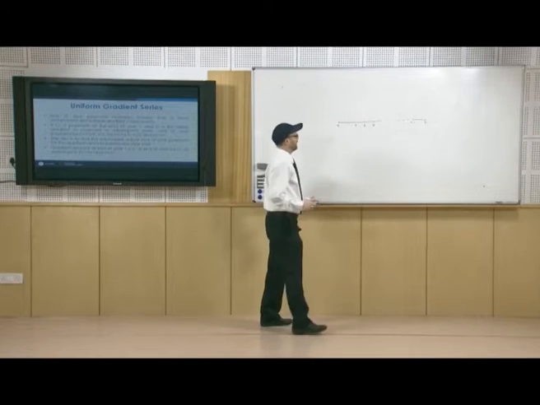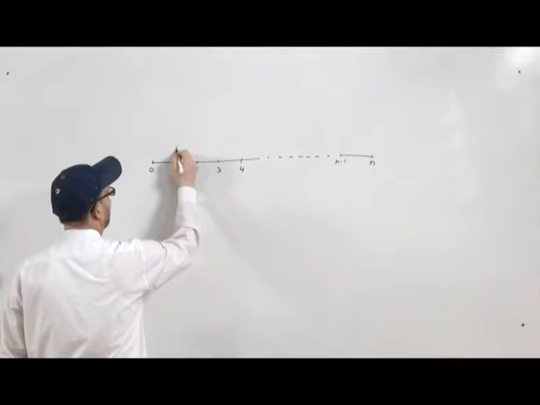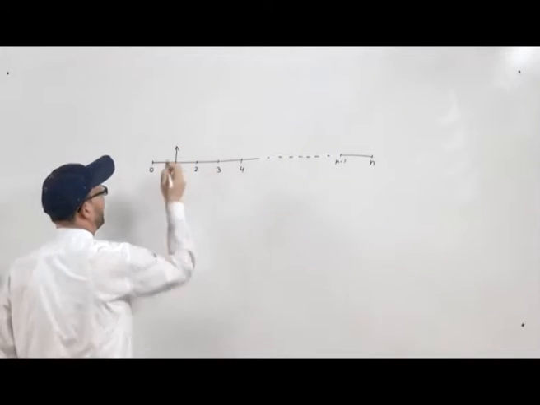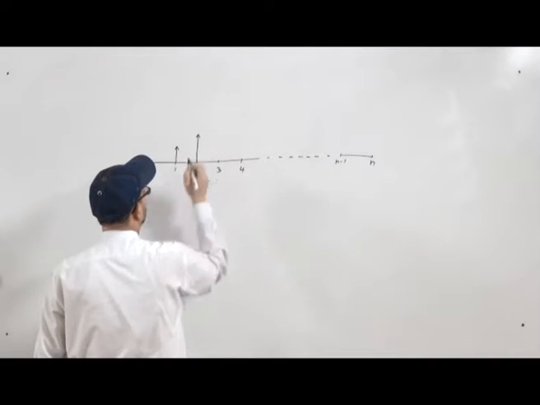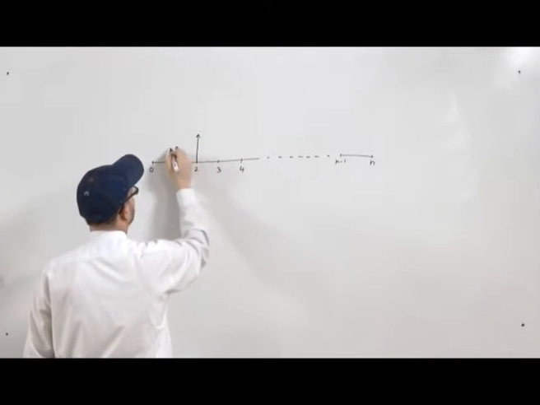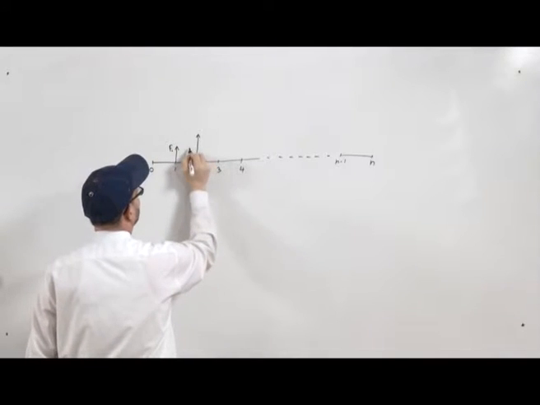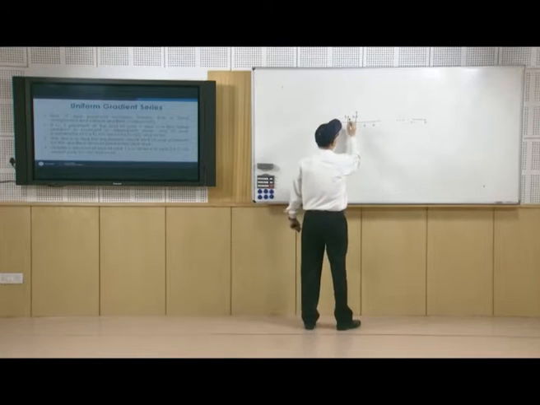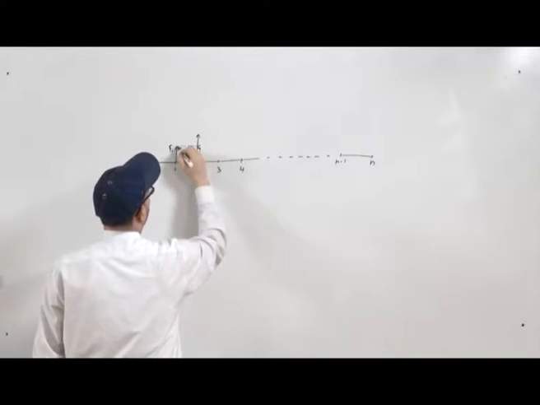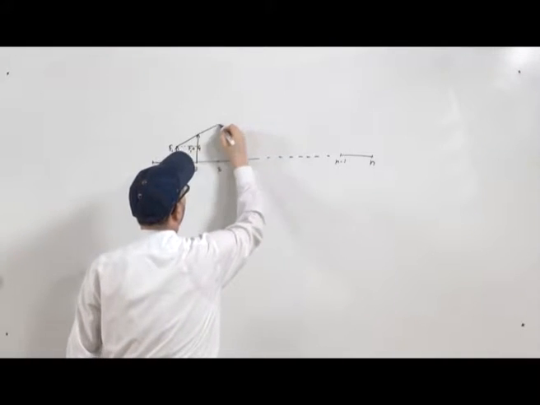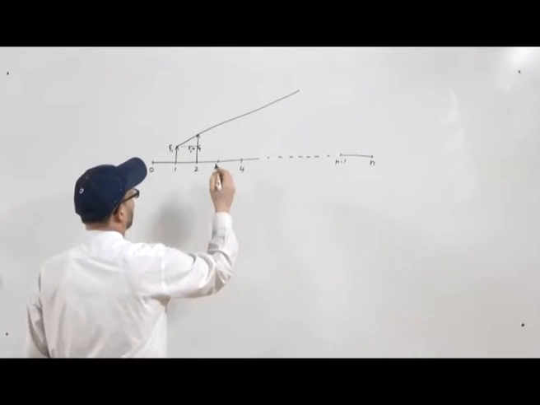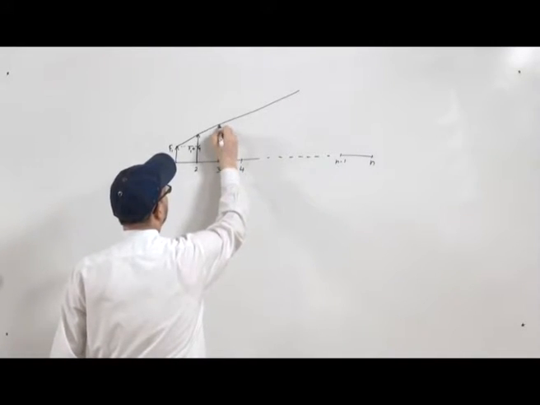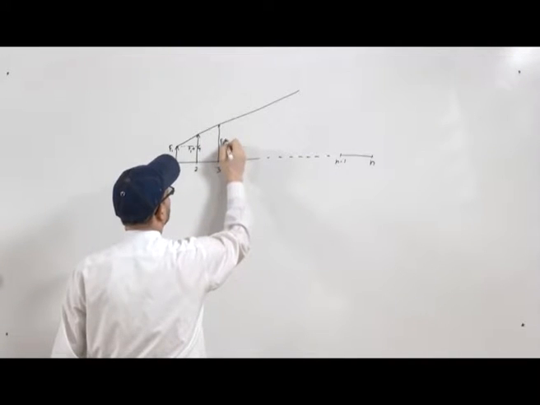Now, as we have seen, we pay F1 during the first year end and this increases to F1 plus G in the second year. So, this is F1 and this is F1 plus G. This G is the gradient and it will go on increasing. In the third year this amount will be F1 plus 2G.